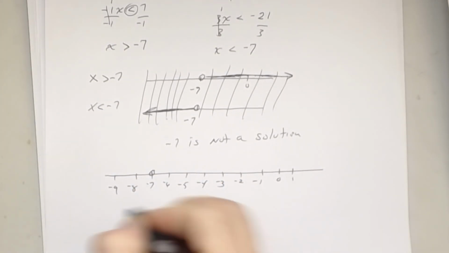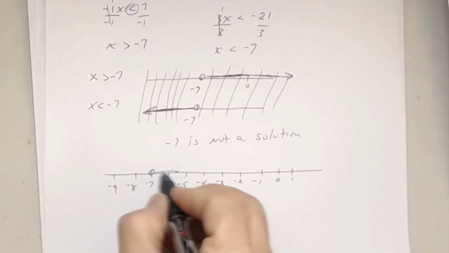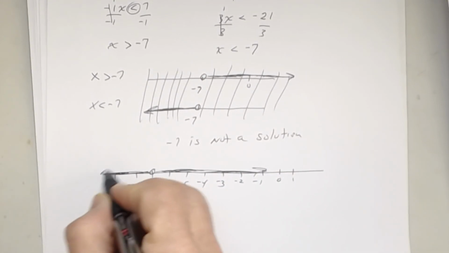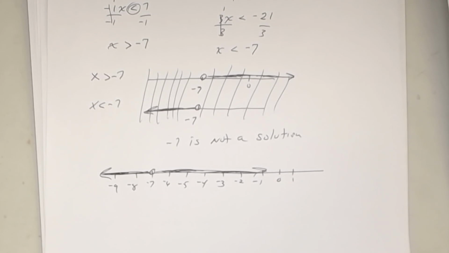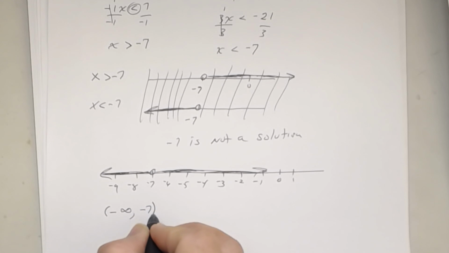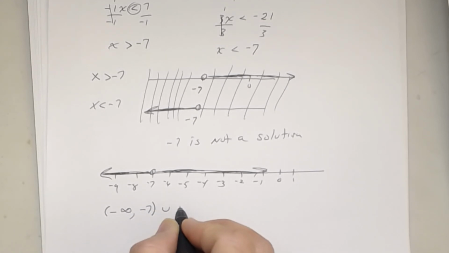And all you do is shade everything else. Everything else is shaded. That's what that looks like. So everything is a solution except what? Negative 7. As an interval, what's the answer? Good. With a parentheses union, and then what?